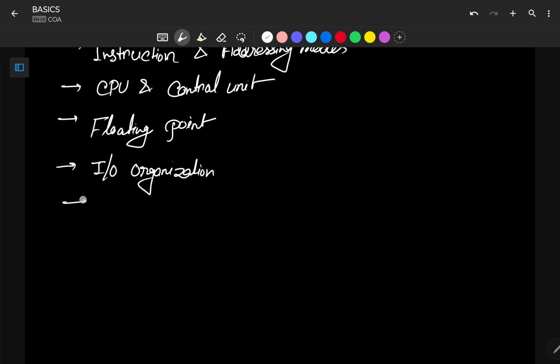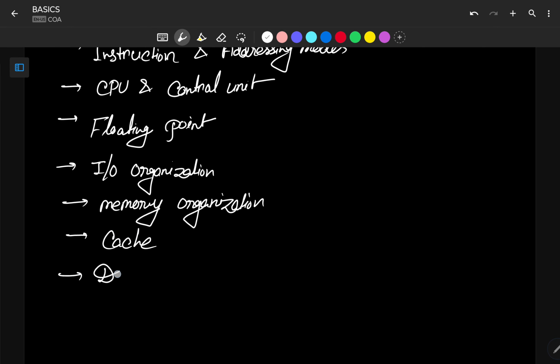Then memory organization. Then cache and disk. Then comes another topic: pipeline processing.